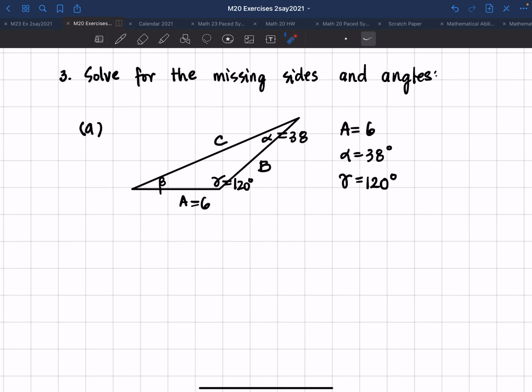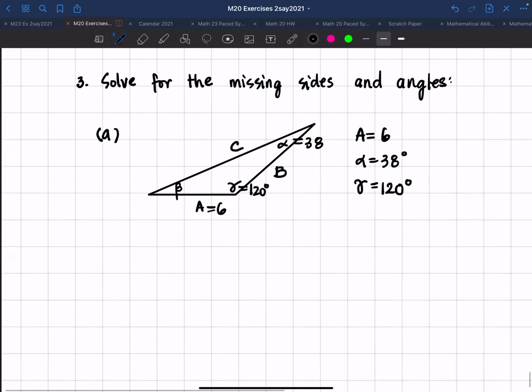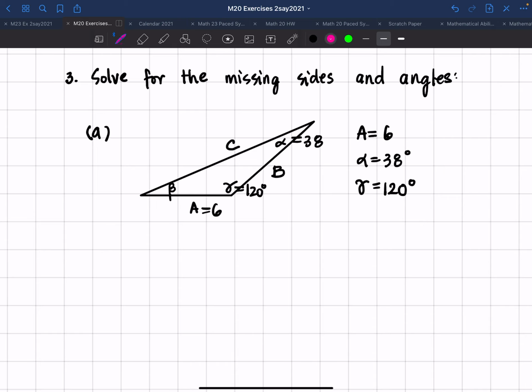Meron ba tayong dalawang side at included angle? Wala, no? So, gagamit tayo ng sine law kapag ganun. Ano bang sinasabi ng sine law? Kunwari, ito yung alpha, beta, gamma mo. This is C, A, B. So, A over sine alpha.